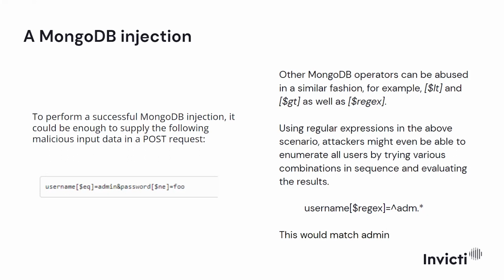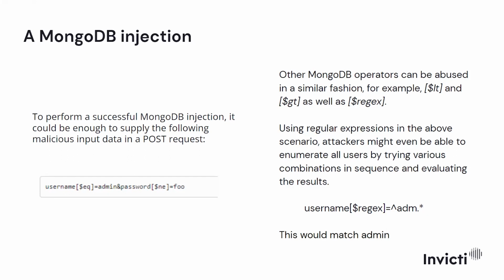We can use the square brackets to either inject arrays or objects. And in that case, we can use the $NE operator again, which as we already figured out means not equal. So if the username is admin and the password is not foo, we can just log in.